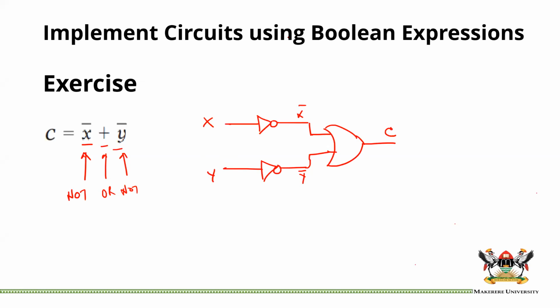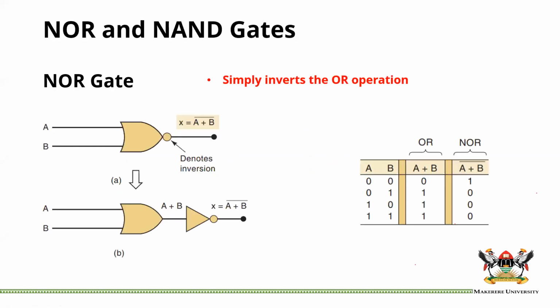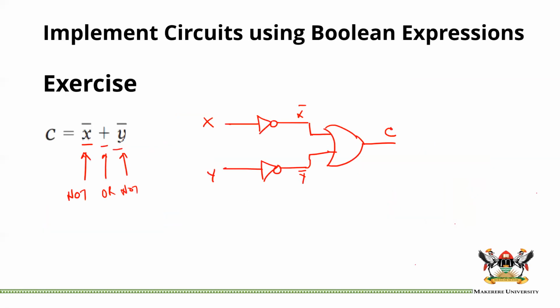Yeah, well done. So let us look at another couple of gates. Now we said that we have basic gates, and those 3 basic gates are AND, OR, and NOT. Now we have another 2 gates called NAND and NOR. These gates are not basic gates.